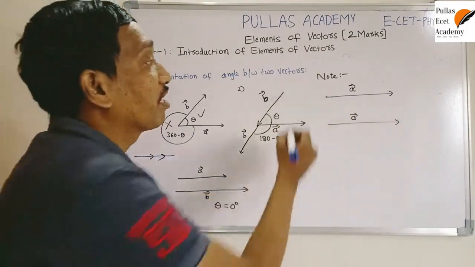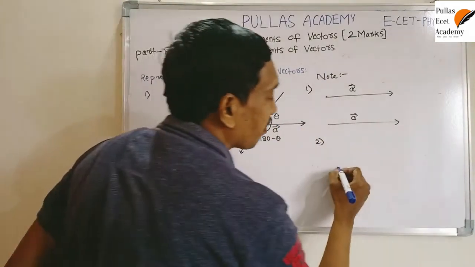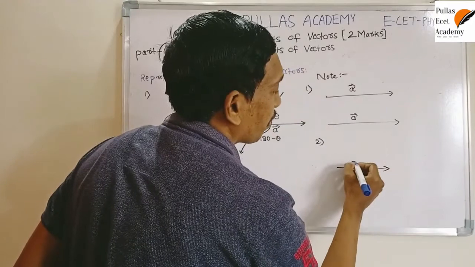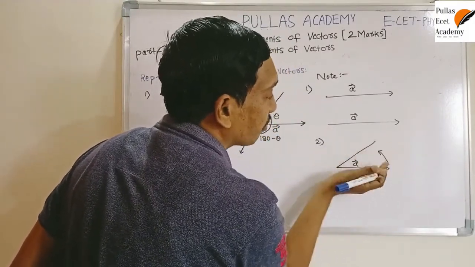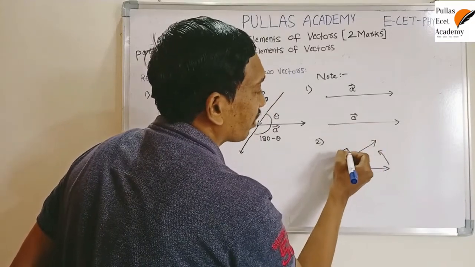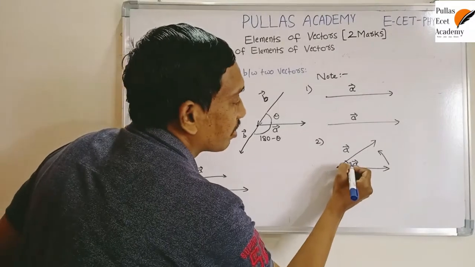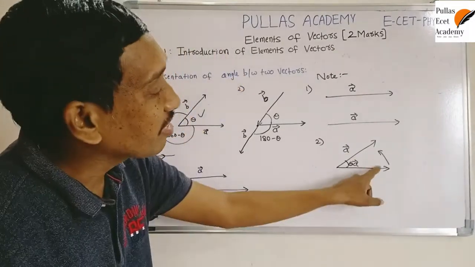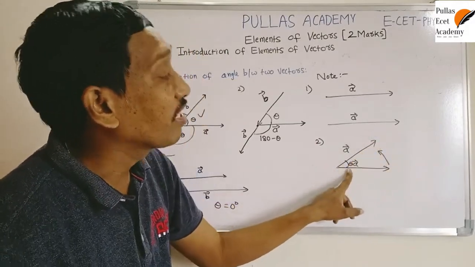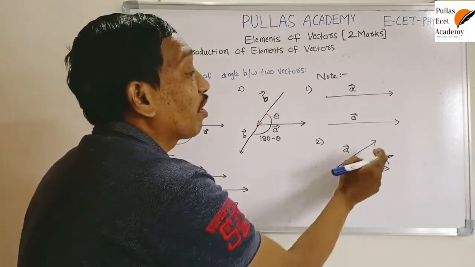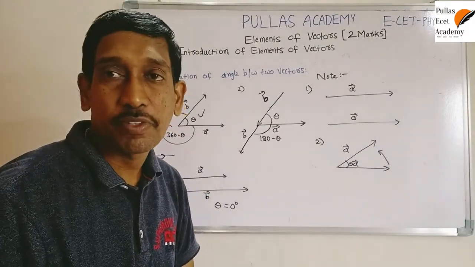Next, suppose this is a bar vector, and it rotates in the anti-clockwise direction from this position to this position. It is also a bar vector, but it is rotated by some angle theta. So what changes? The direction changes. This is the initial direction, and now this direction makes some angle theta with the initial direction. So the vector changes.